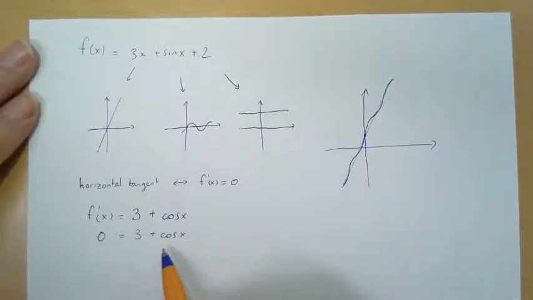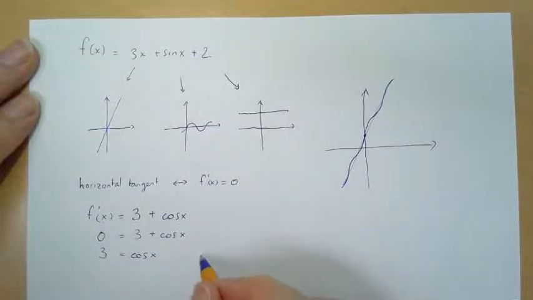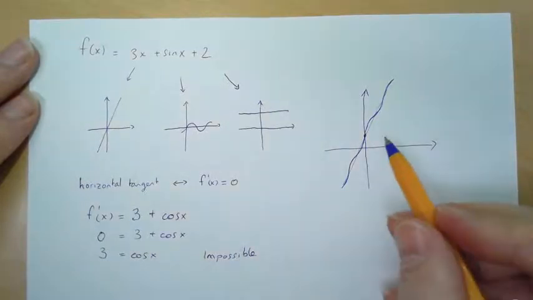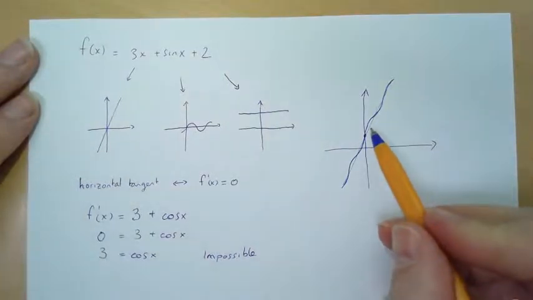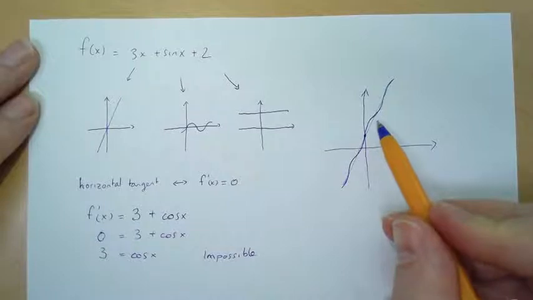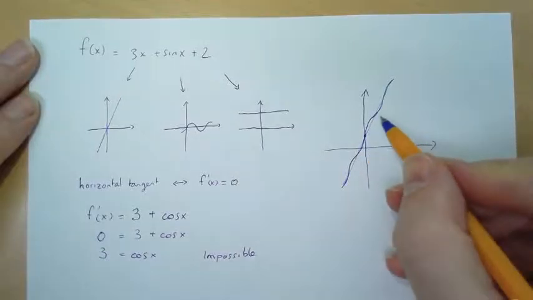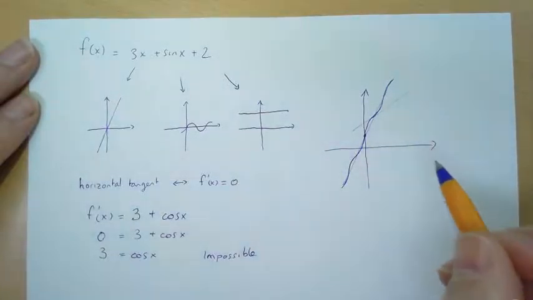And in fact, if you move the 3 over, you realize that you're supposed to find a value of x where cosine x equals negative 3, and that's not possible, right? So what it means is there is nowhere where the tangent line to the graph is going to be horizontal. The smallest slope is still positive.